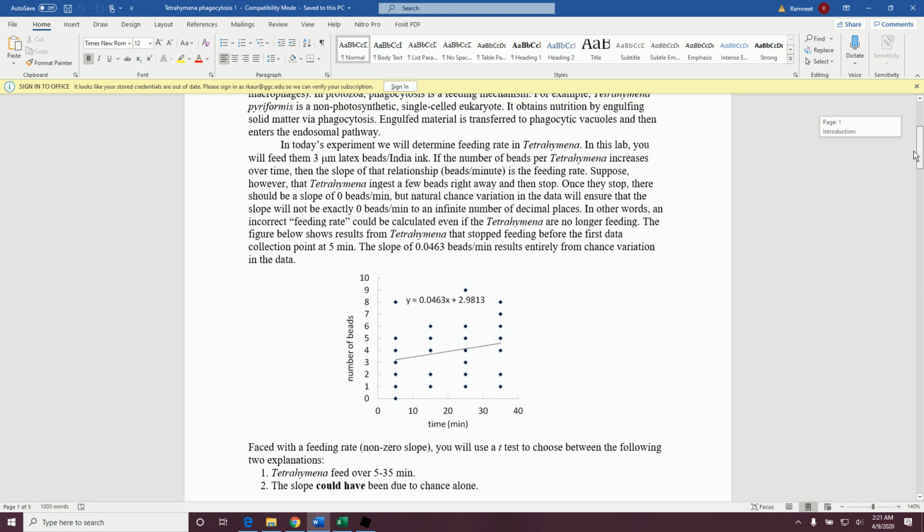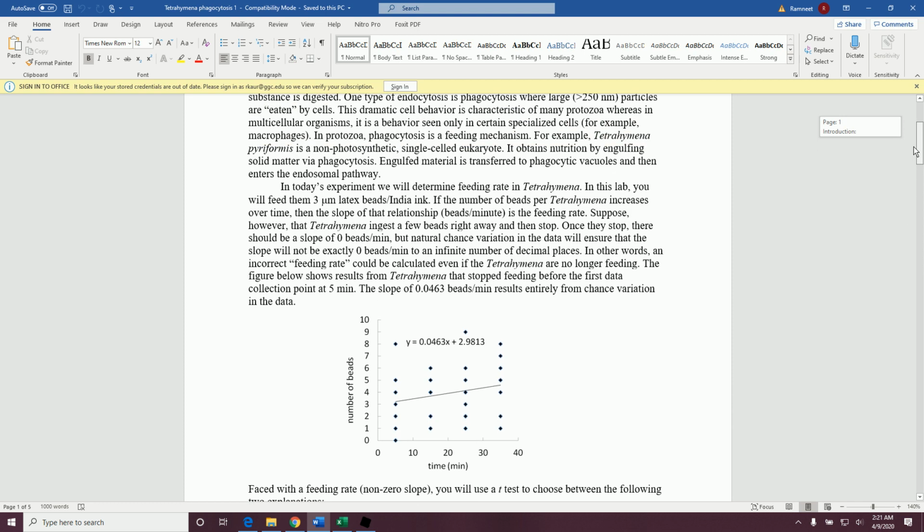The aim of this lab is to determine the feeding rate in Tetrahymena. As I said, we mix the Tetrahymena with either latex beads or India ink, and we let them be together for some time, and then we take a slide.